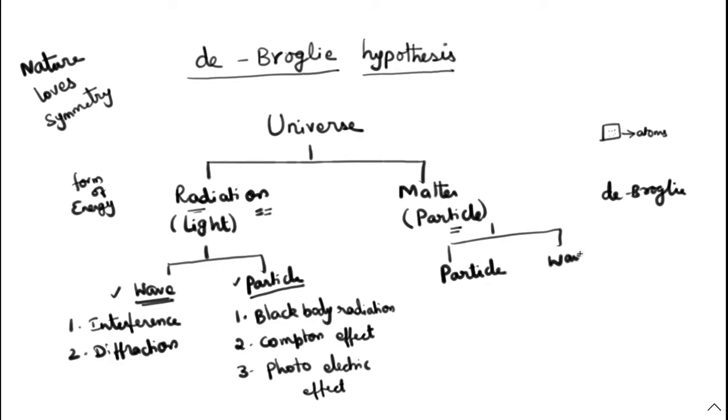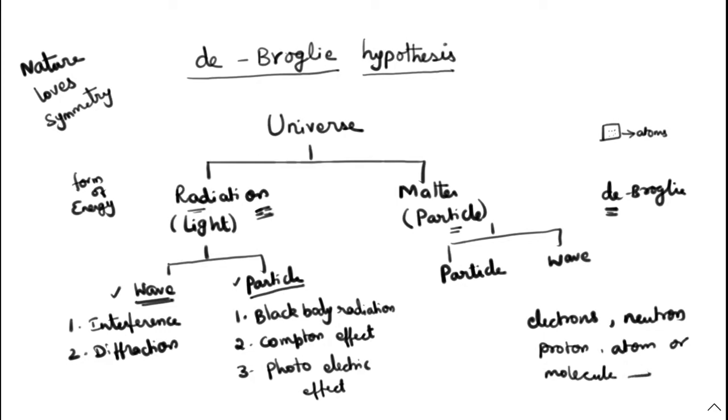So particles, for example electrons, neutrons, protons, atoms or molecules, are associated with waves. The wave will be associated with moving particles.